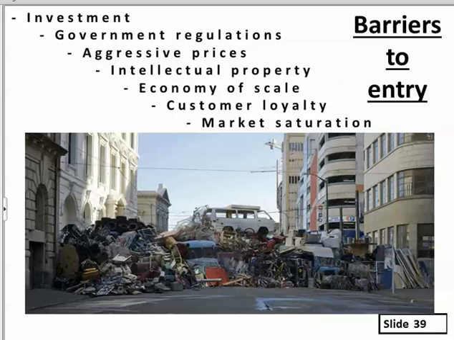And you can't come in and compete with a low enough price to steal enough customers away to survive. So all those things are barriers to entry, initially barriers to you entering the business, but also, once you're in the business and established and you can make it over those hurdles, barriers to anyone else coming into the industry.